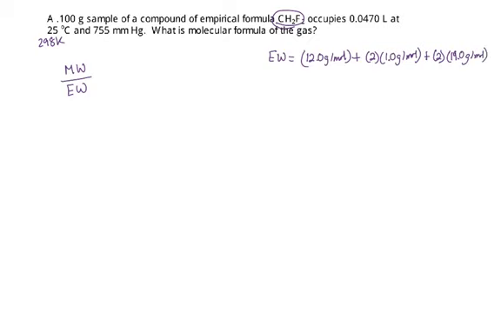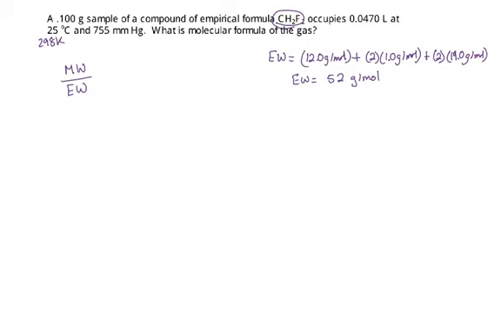And so if you add those up, my empirical weight is 52 grams per mole. So that's the empirical weight. Now we need to find the molecular weight.